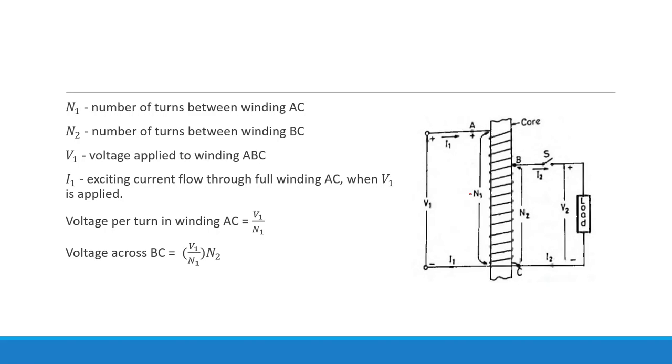So it will give you volt per turn for this winding AC. So what would be the voltage across the winding BC? It will be given by V1 by N1 multiplied by N2. Okay, V1 by N1 multiplied by N2. So that will be your voltage across this winding BC.